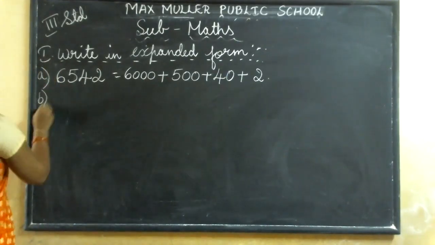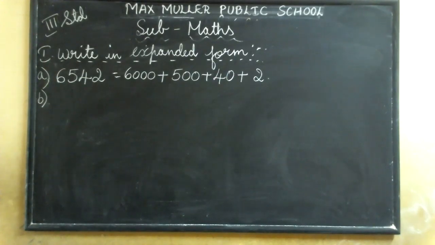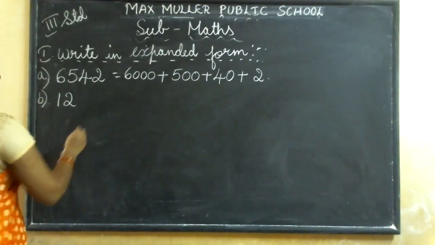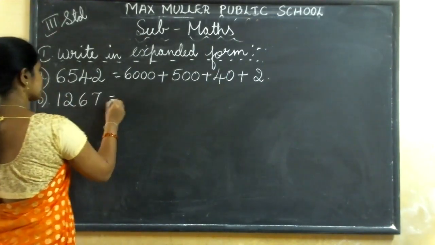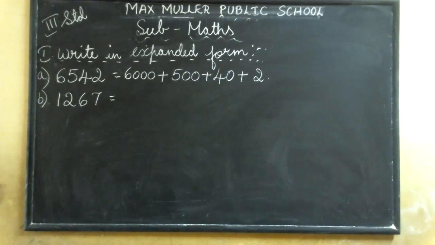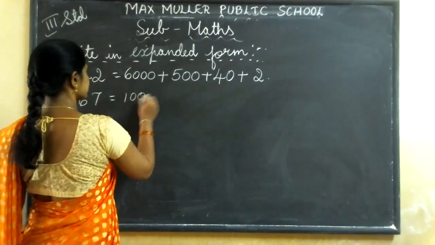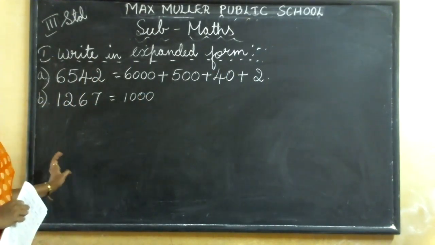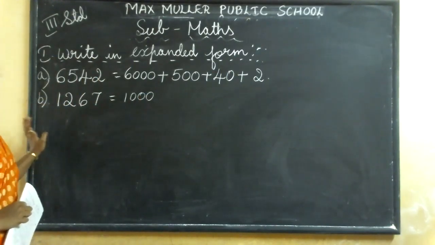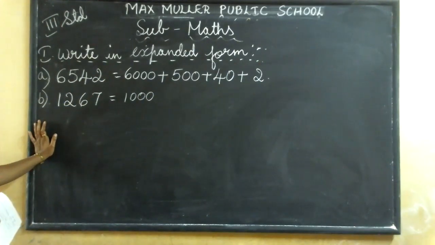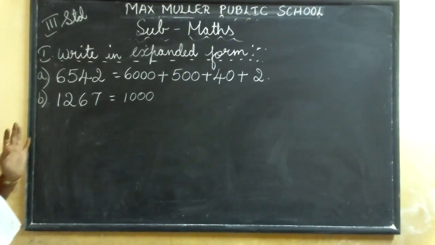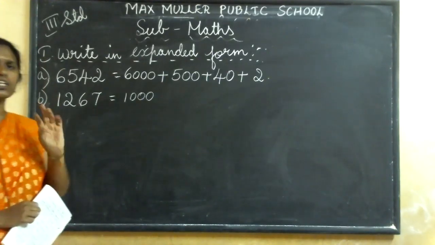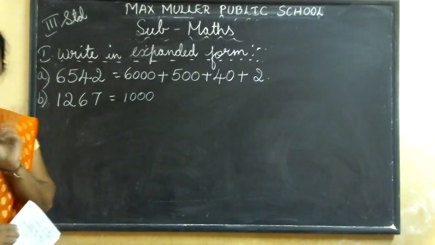Next, second one, 1,267. So how will you write this one? 1,000. We are doing practice. Understood? In the revision book only you have to write. Last class you wrote revision, till tables we have finished. Yes or no? You should learn tables also. Tables you should be perfect, and both worksheets also you should be perfect.